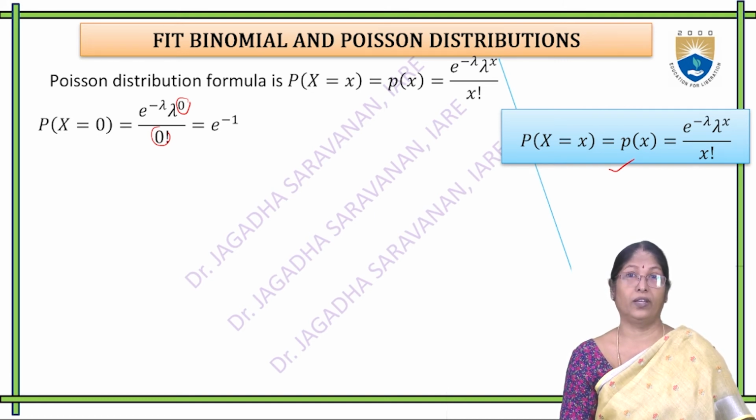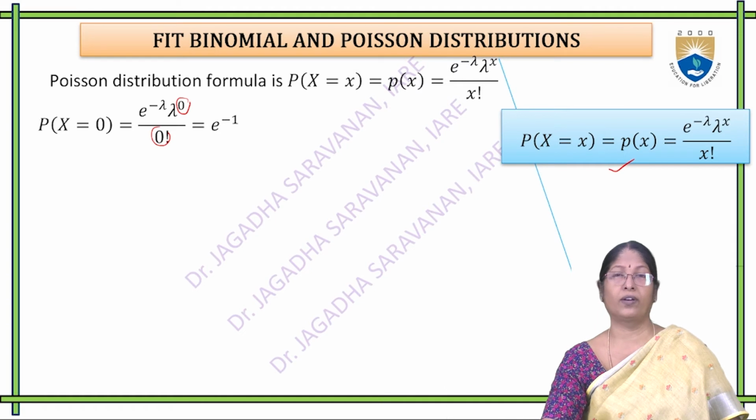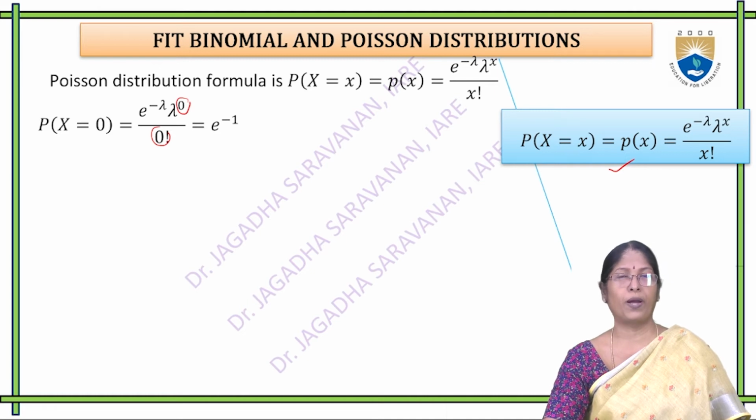There are 2 places where x is there, whereas in the binomial distribution 3 places have x. This is not related to mathematics; it is some sort of technique to avoid careless mistakes. We can compare the formulae: binomial has 3 places with x, nCx p power x, q power n minus x, whereas Poisson, e power minus lambda, lambda power x by x factorial, has 2 places.